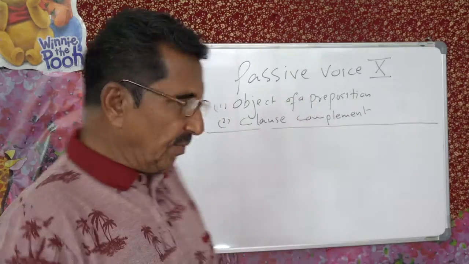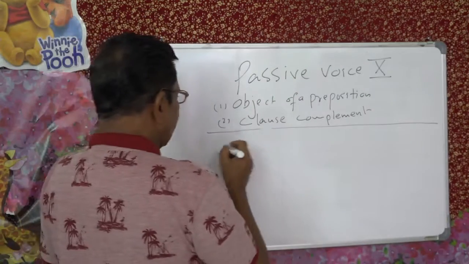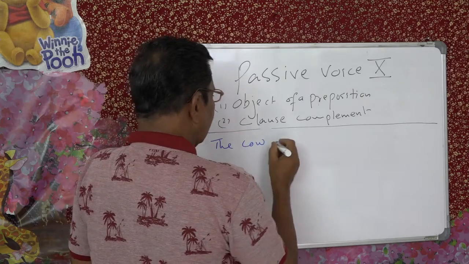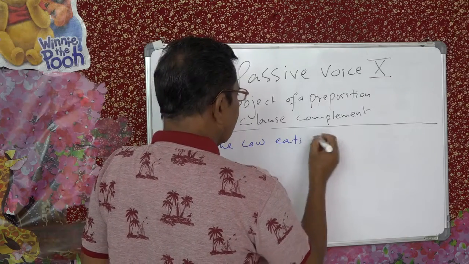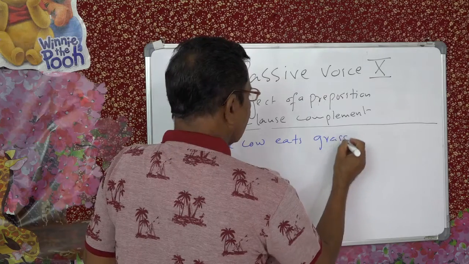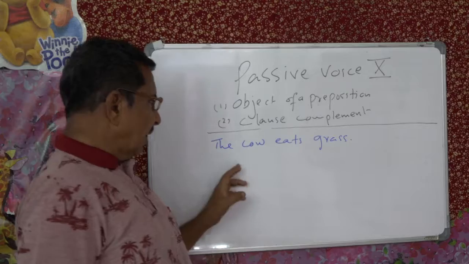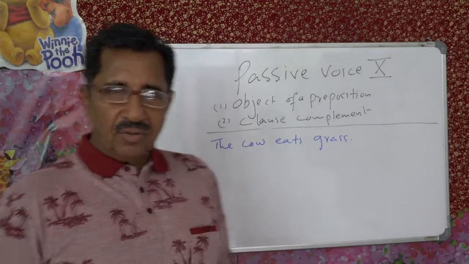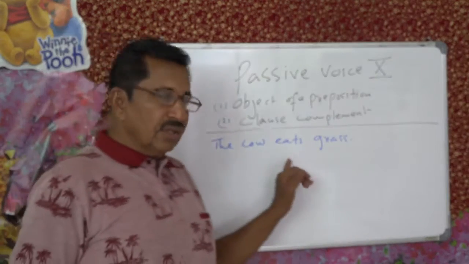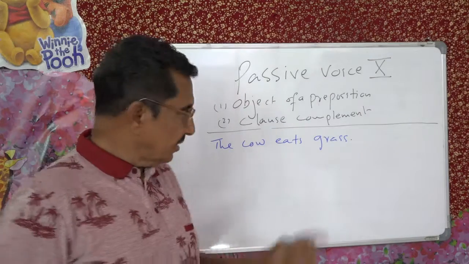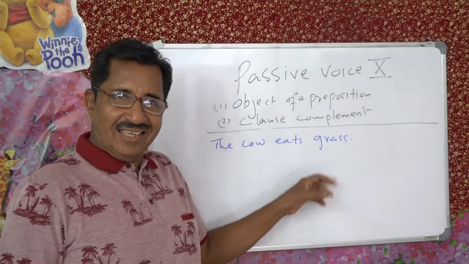For example, our good old example, the cow eats grass. Here you can see there is an object. Now how do you find out the object? Already I have told you, but once again you ask questions to the verb. Cow eats what? Grass.